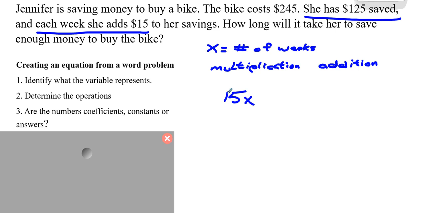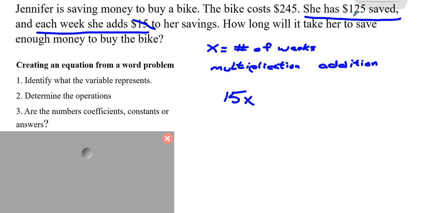I'm going to be 15 times x. So the coefficient is what's hanging around with the variable. It's what multiplies or divides the variable. So in this case, every week we're going to add $15. So if it's 2 weeks, we've got $30 on board. If it's 3 weeks, 45, and so on and so forth. So the 15 is our coefficient. We've already used it.